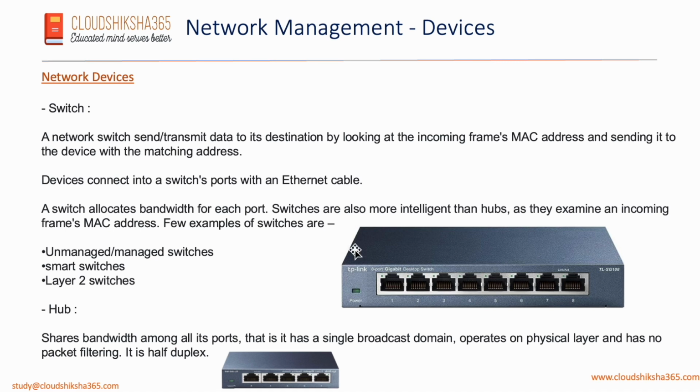Let's say we have eight ports here, so that means we can connect eight devices to this particular switch. So eight physical connections we can make to eight laptops or eight desktops, and then we can transmit data to each other. The switch allocates bandwidth for each port. Switches are also more intelligent than hubs. If we compare switch and hub, switches are very intelligent.